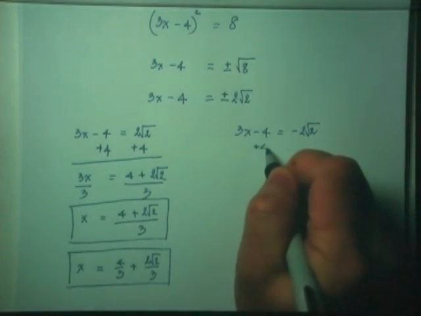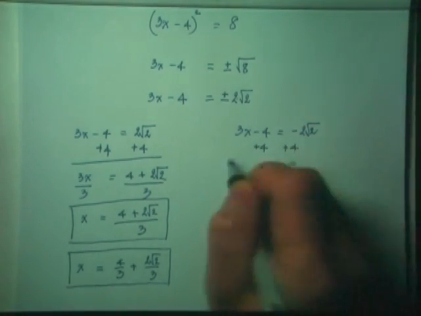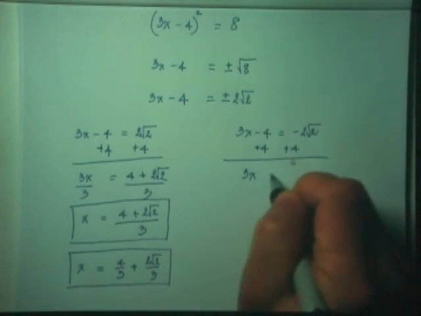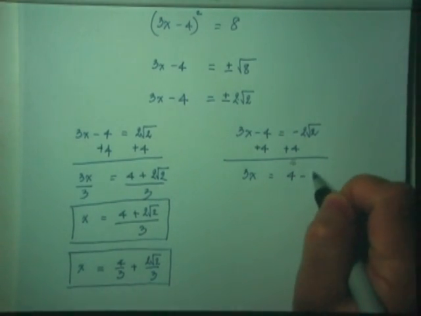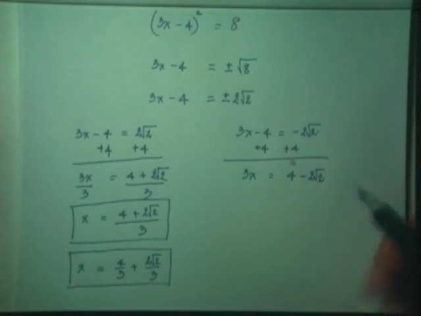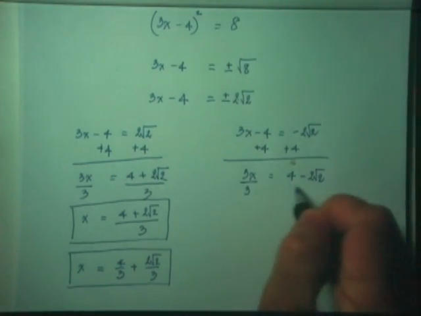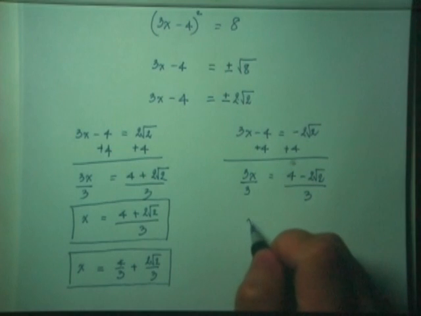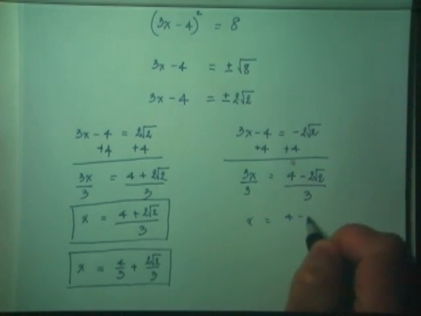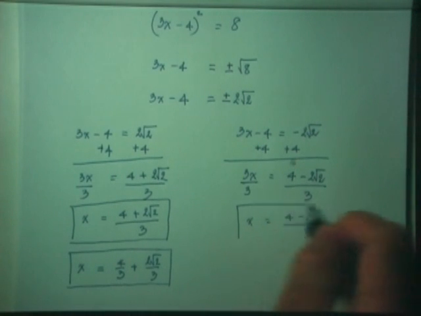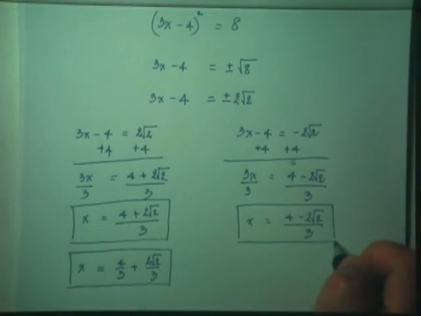Now, back to the other equation. I'm adding 4 to both sides, and that leaves me 3x equals 4 minus 2 square root 2. And then at this point, I'm dividing both sides by 3, and I end up with x equals 4 minus 2 square root 2 over 3. And here you're technically done finding your solution.